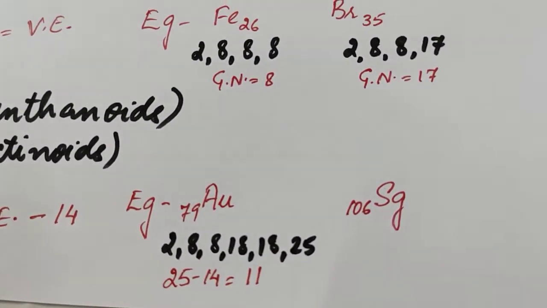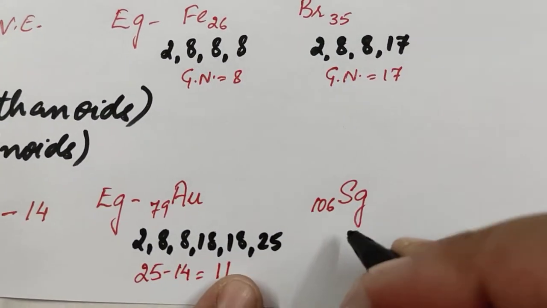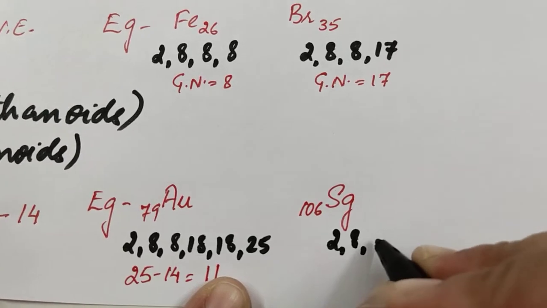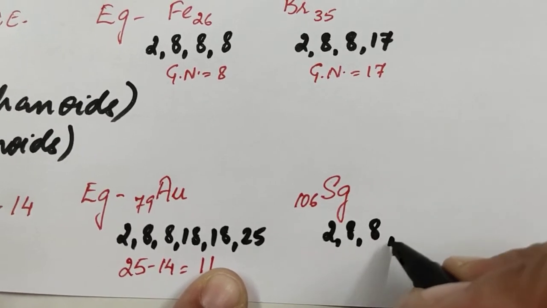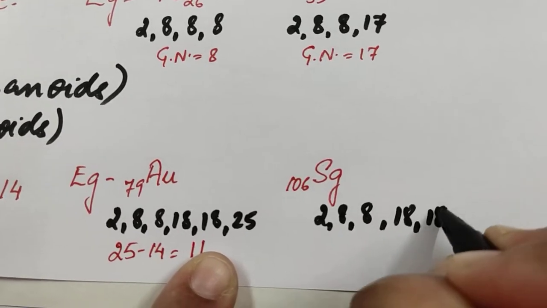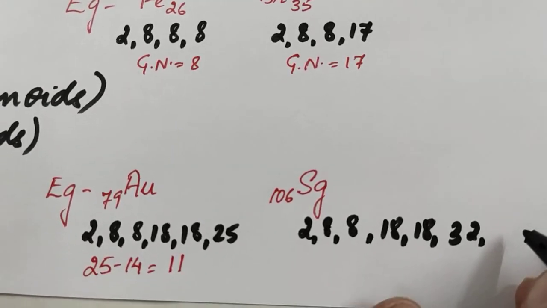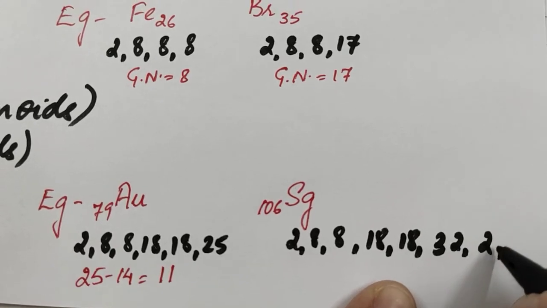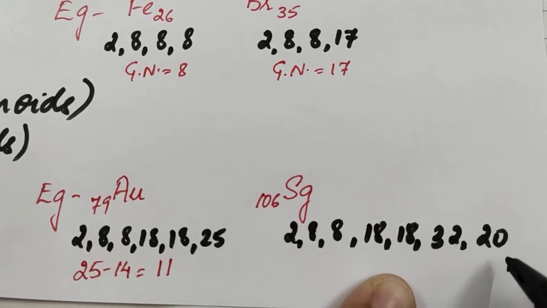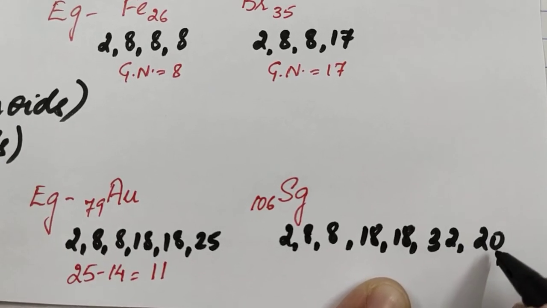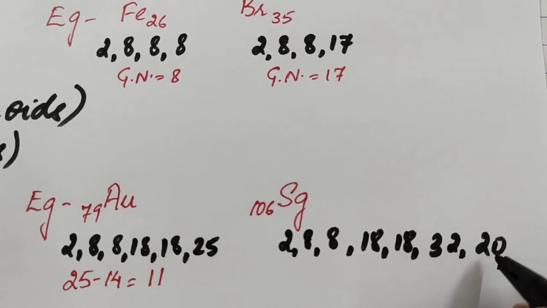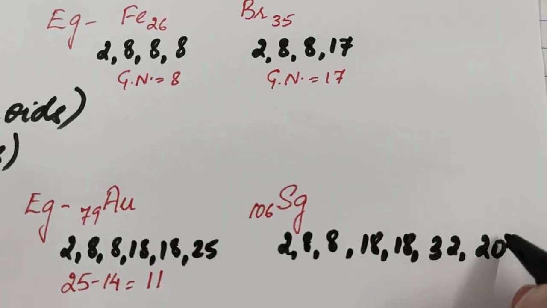Let's check out the next element which I have written here, Seaborgium, and I'll write its electronic configuration: 2, 8, 8, 18, 18, 32, and the last shell will contain 20. Although it can accommodate 32, we are left with only 20 electrons.